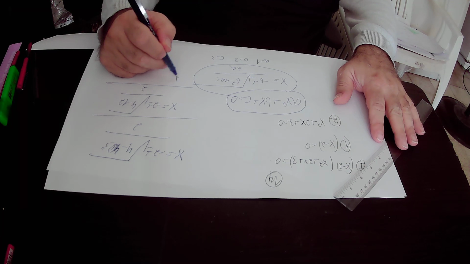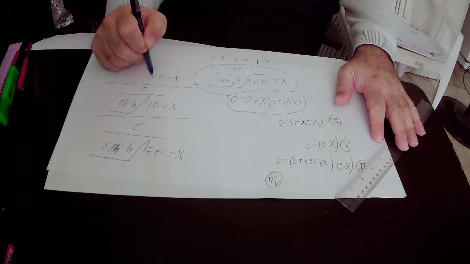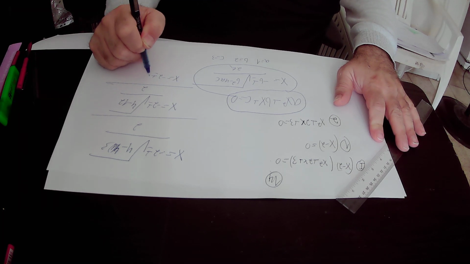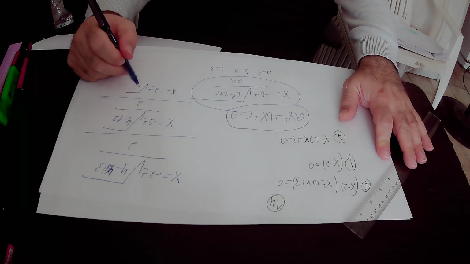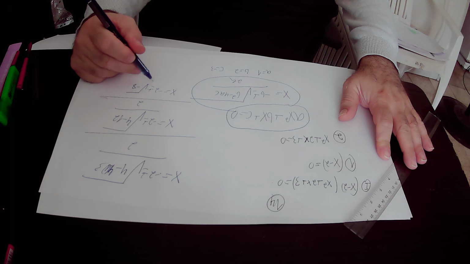So x equals minus 2 plus minus the root of 4 minus 12, which is minus 8, over 2.